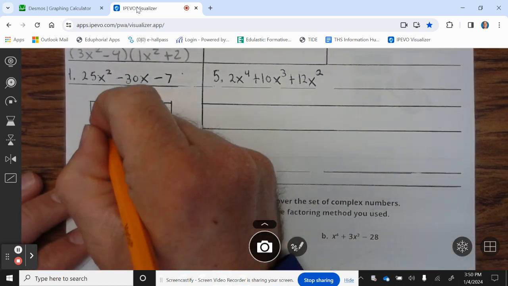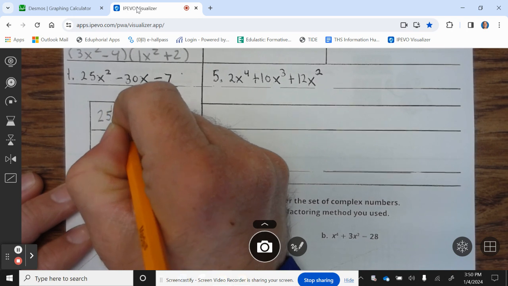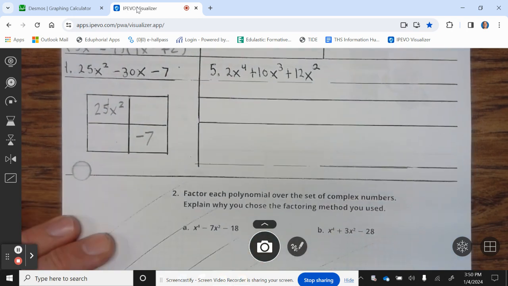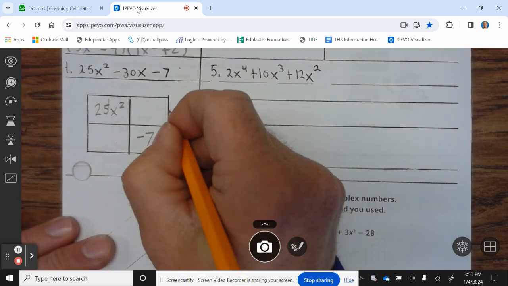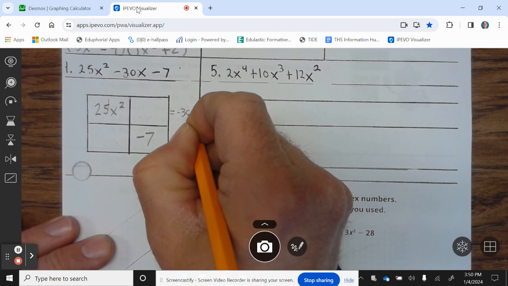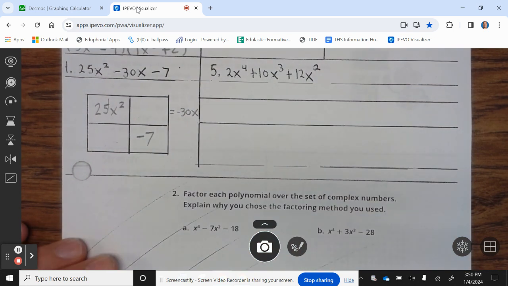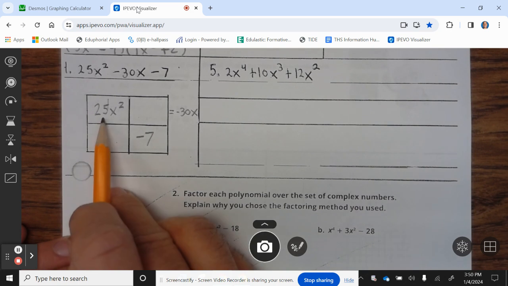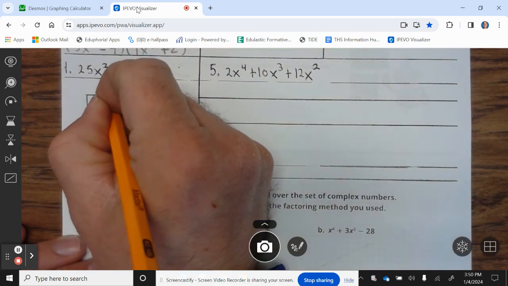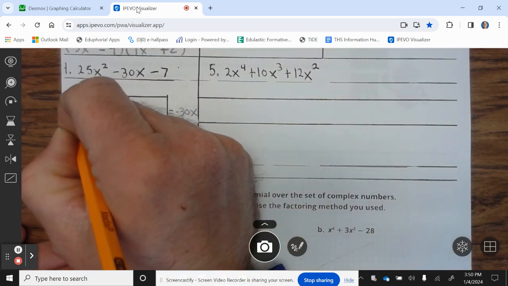So first term is 25x squared. Last term is negative 7. And these need to combine to be negative 30x. Okay, so to get 25x squared, we know we can use 5x and 5x.